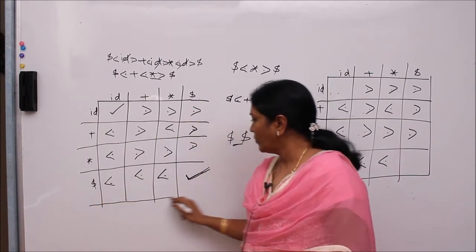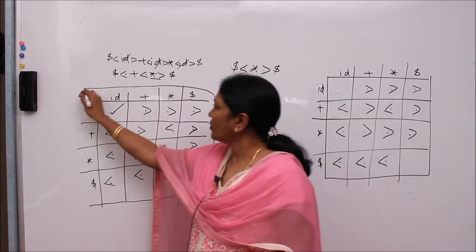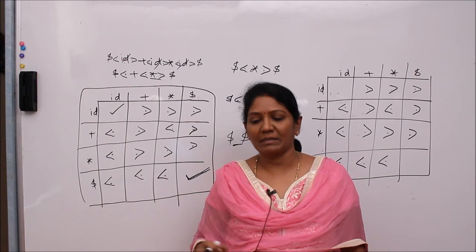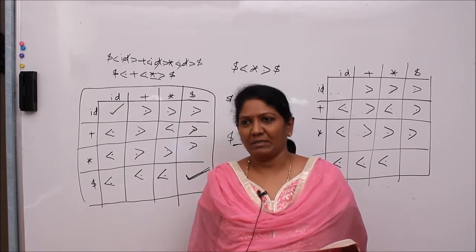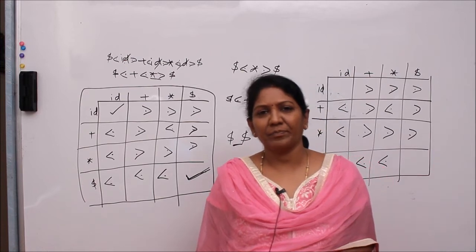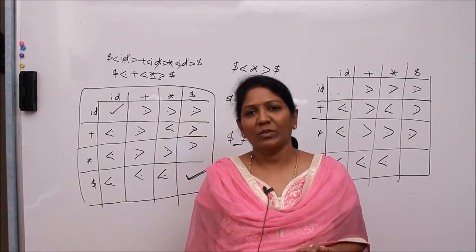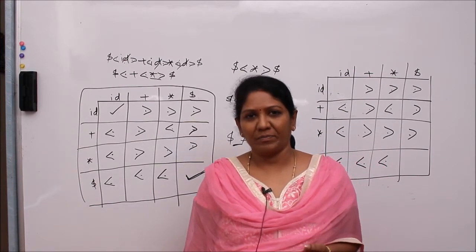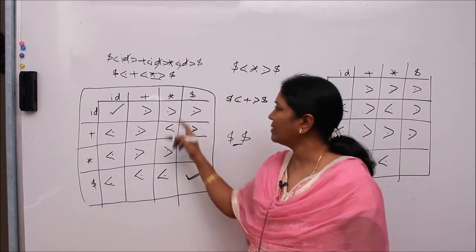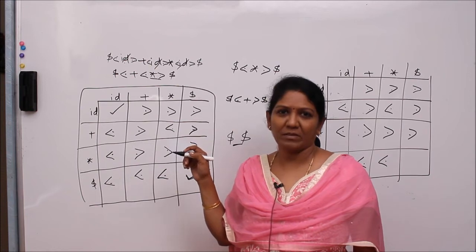So this is how, once you have a precedence relation table, an operator precedence parser parses. Now the question is, suppose in my expression grammar, I have so many operators. Then the complexity of the table depends on the operators.